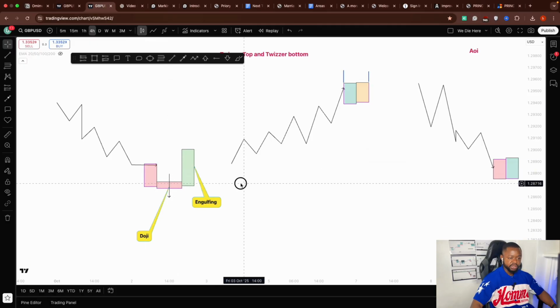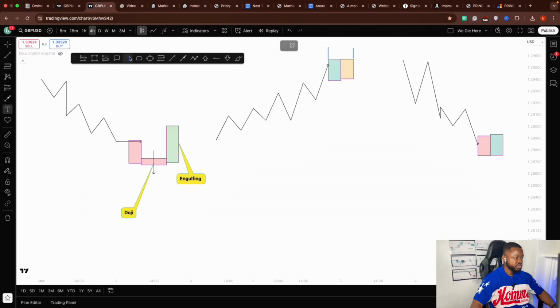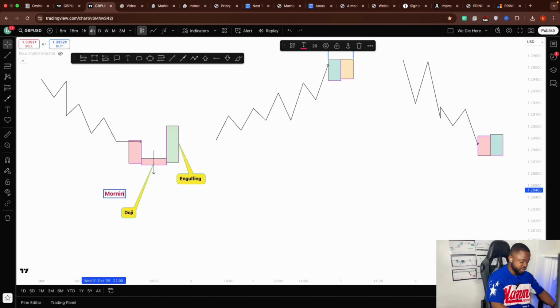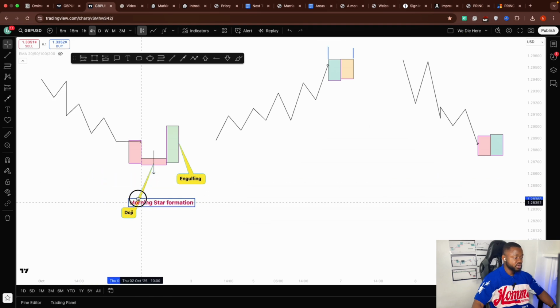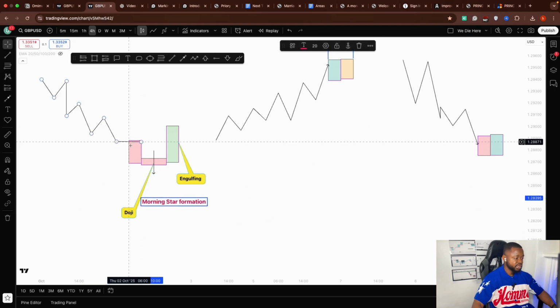So the evening star formation, sorry, the morning star formation combines 3 candles together: a normal candle, a doji, and an engulfing candle.